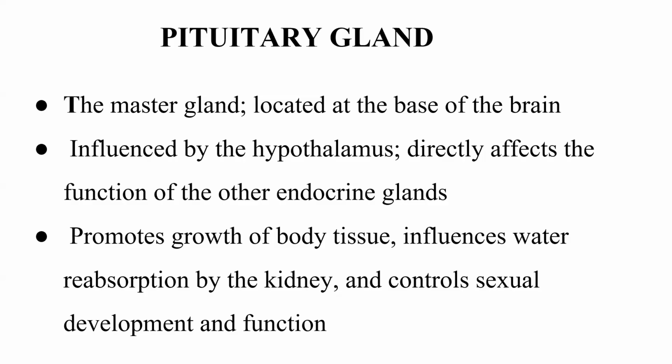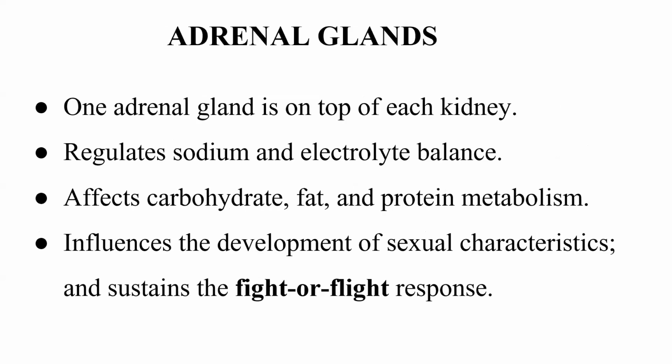Leading to dehydration, or depending on how it affects it, either it's overproducing, which will lead to dehydration, but if it is underproduction, it will lead to what? Excessive water in the body. So that's fluid volume excess. So it helps to promote growth of tissue, influence water reabsorption by the kidney, and control sexual development.